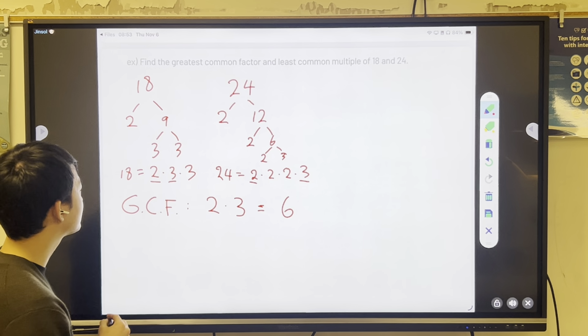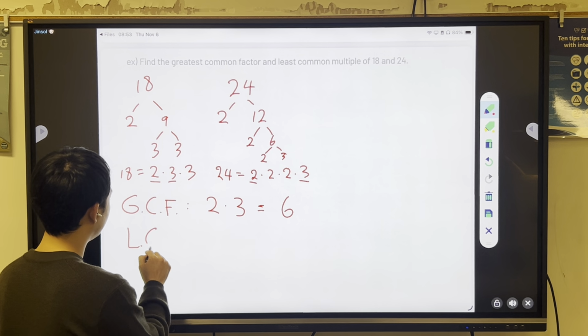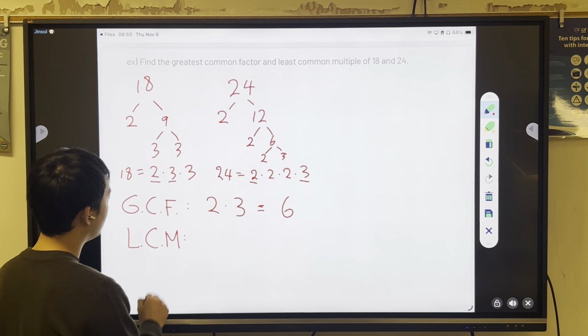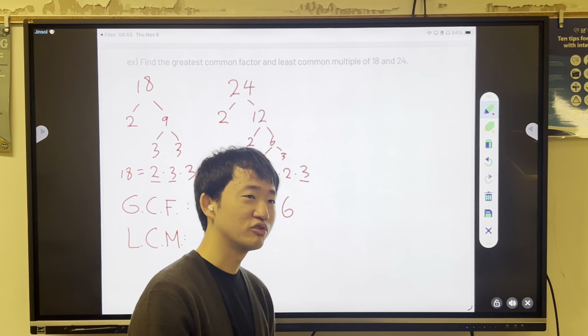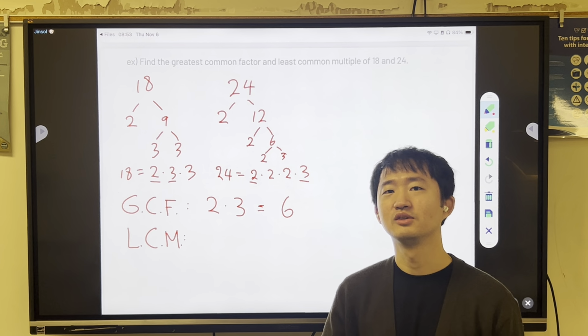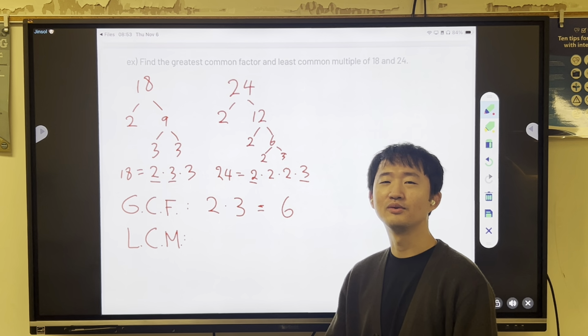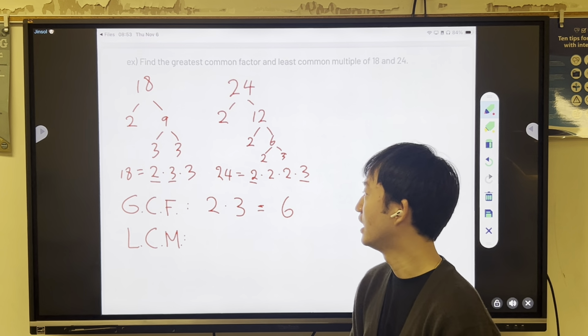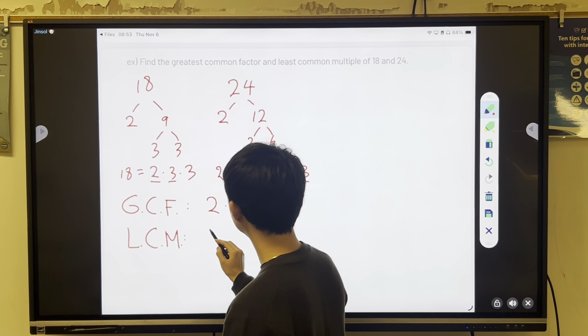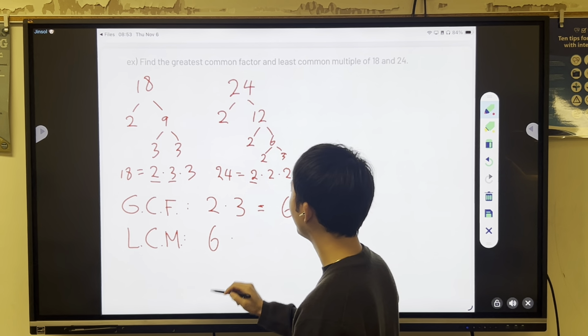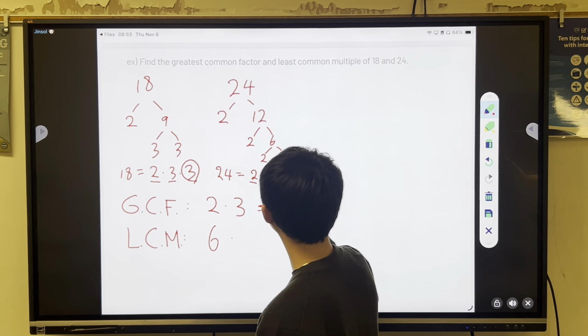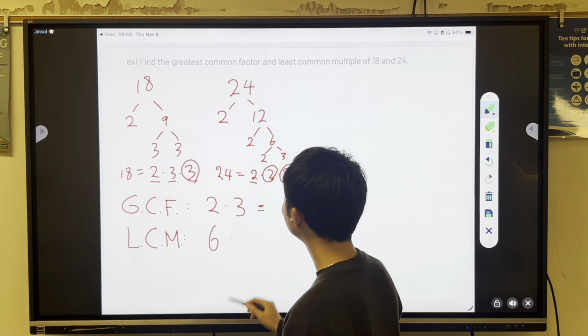Now let's find the least common multiple. To find the least common multiple, we're going to use the greatest common factor, and we're going to count all the extra ones that were not included in the greatest common factor. So first we have the greatest common factor, which is 6, times the leftovers, the 3 and a 2 and a 2.